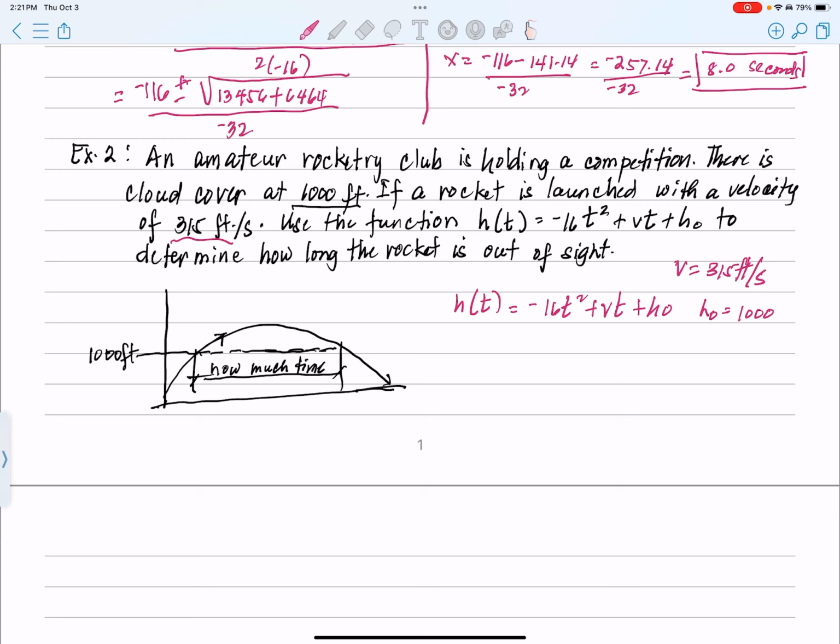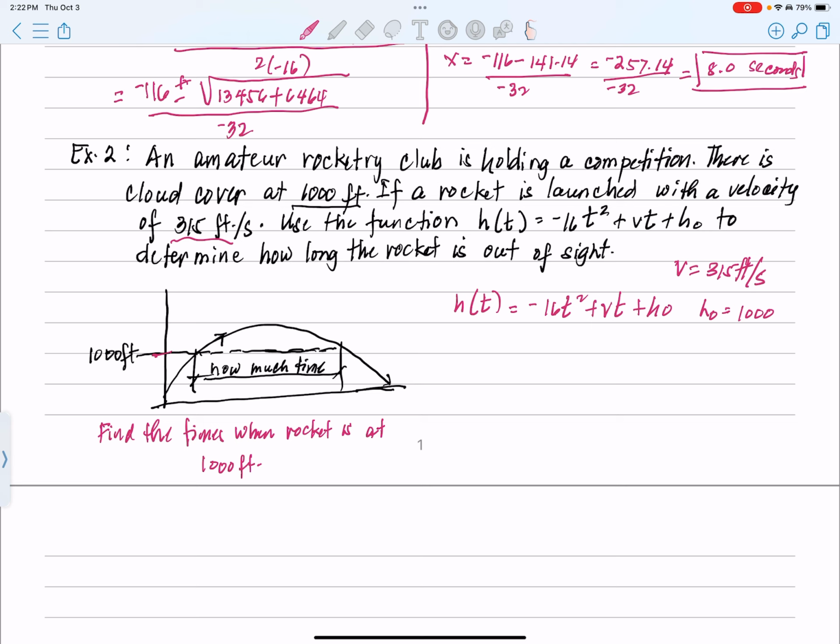Okay, let's do this. I think I have everything. Find the times when the rocket is at 1,000 feet. How much time?